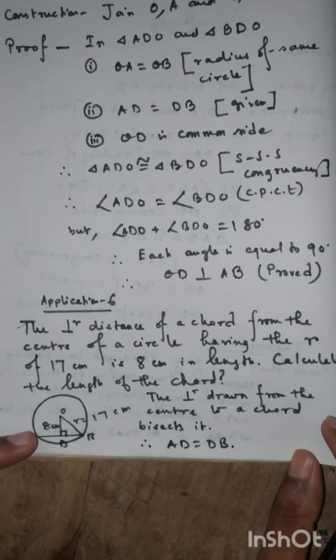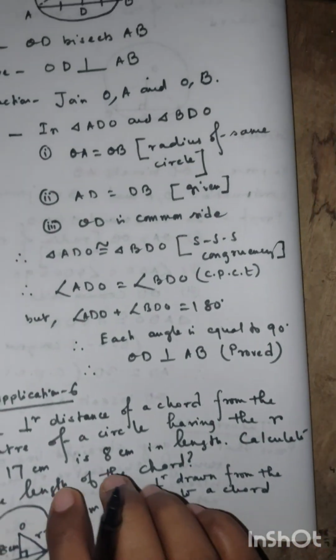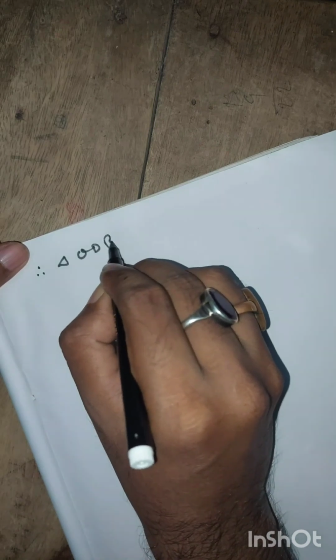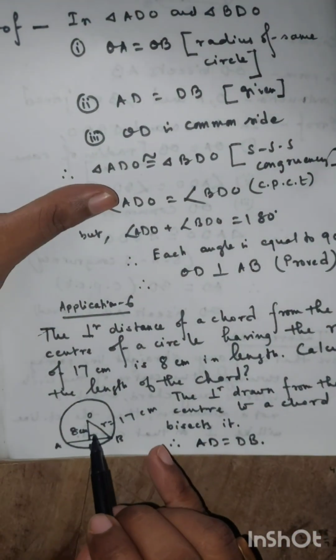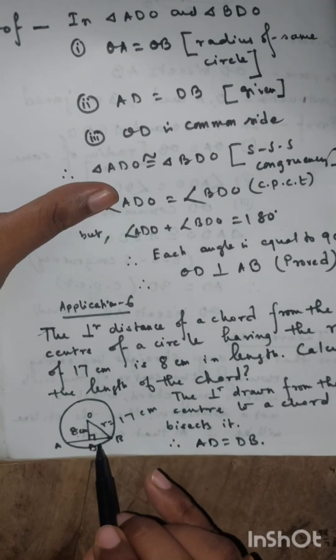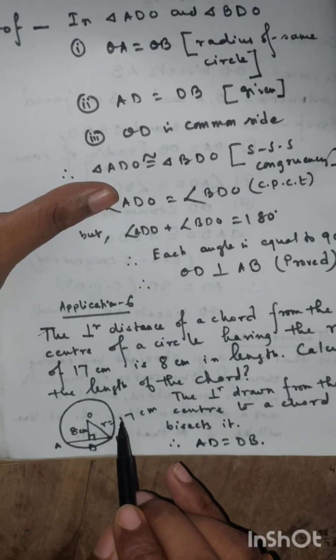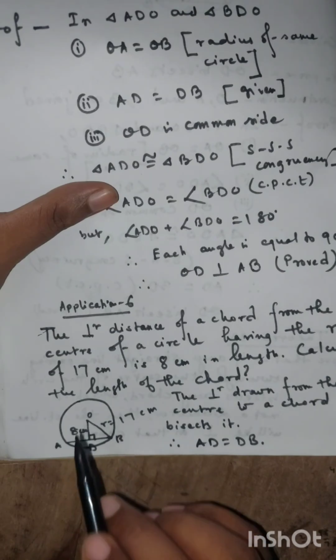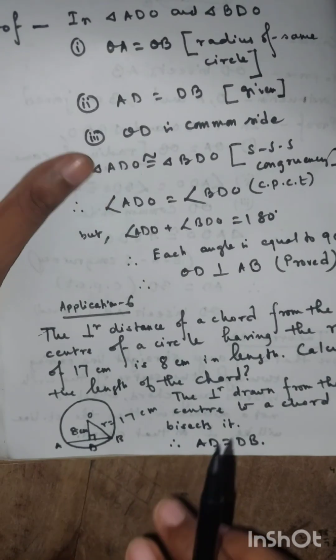Now in triangle ODB, this is hypotenuse and this is our perpendicular. So the base DB will be the square root of hypotenuse square minus perpendicular square.